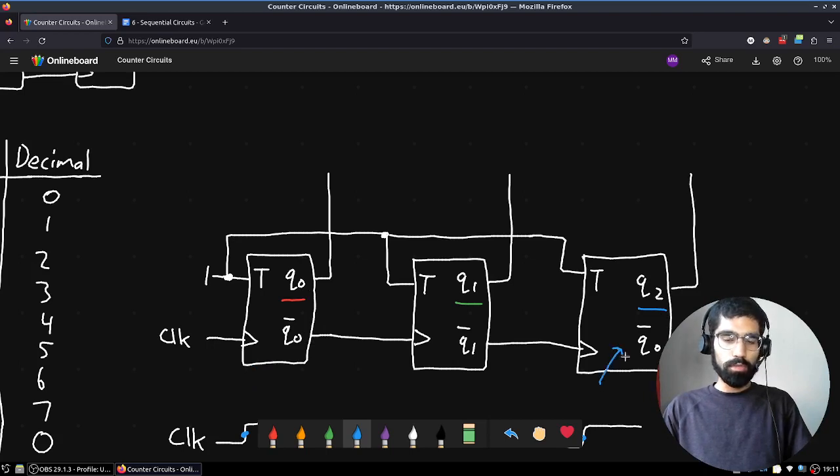You'll need a little bit of time for the internal gates of that flip-flop to do their work. And while that change is happening, the output here is constant. While this flip-flop is changing, this is constant. So each flip-flop down the line has to keep waiting for the last flip-flop to finish its change. It takes a little bit of time.